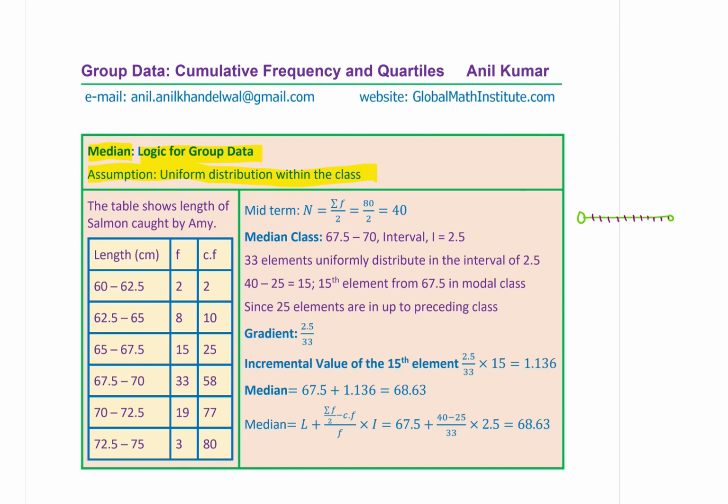Now, when we're talking about median, median is the middle value. So median basically means the mid term, and that gives us the position of the median. The midterm here will be the total number of terms divided by 2. In our case, we have 80 total, divided by 2 is 40.